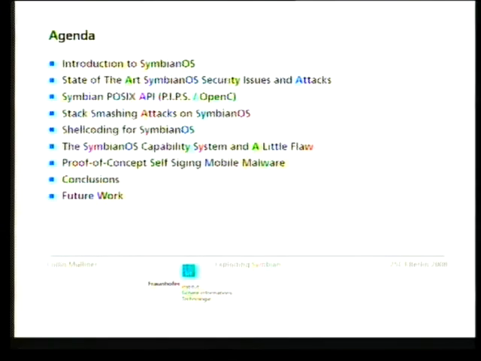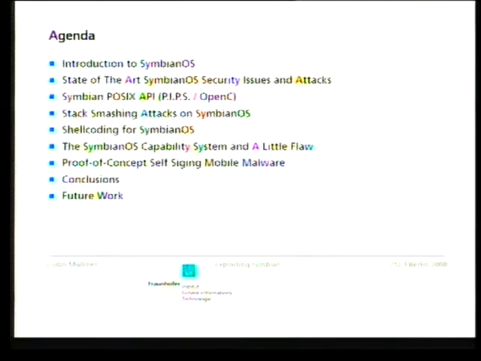And I will provide some references for shellcode development, show some small weaknesses in the Symbian capability system, and show a small proof of concept, self-signing mobile malware. First, you will get a short introduction to Symbian OS, and we'll just show you what currently the security issues are.